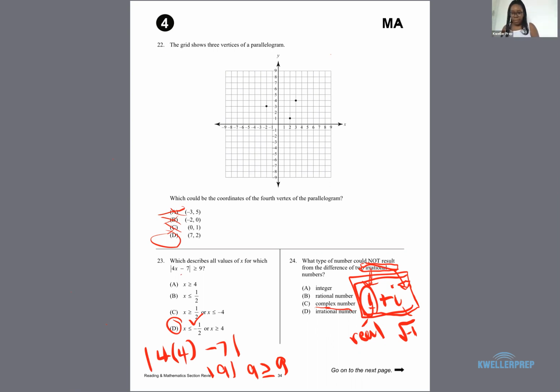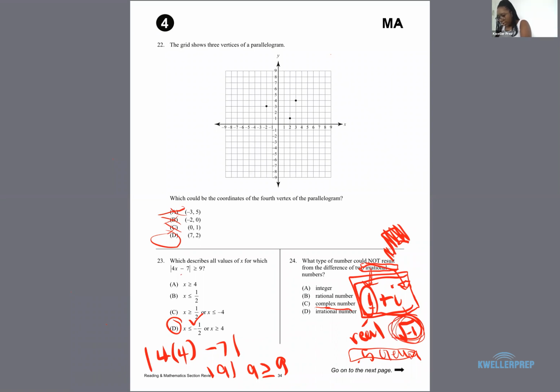But irrational numbers such as never-ending fractions are real, but this is not. This is irrational.